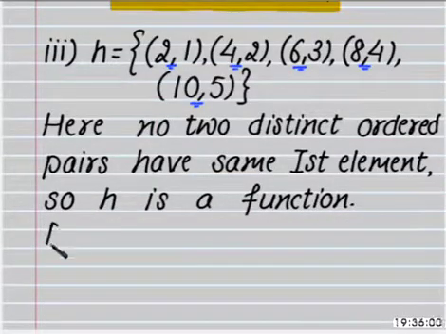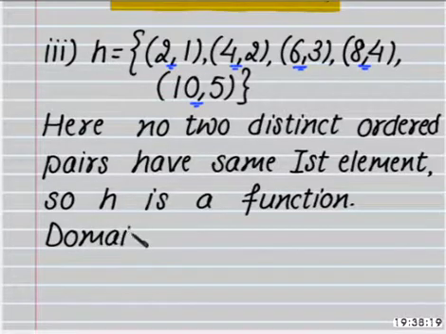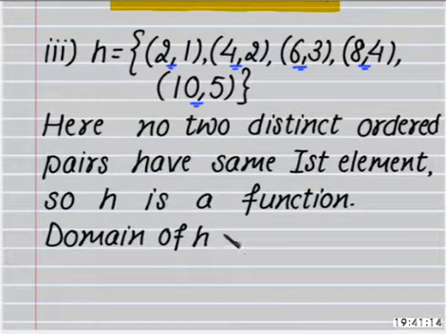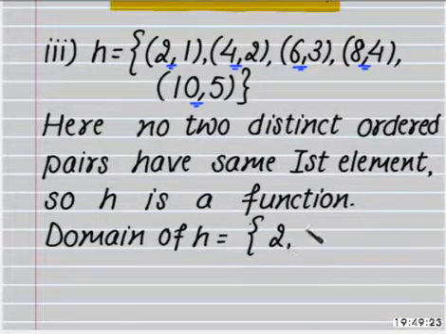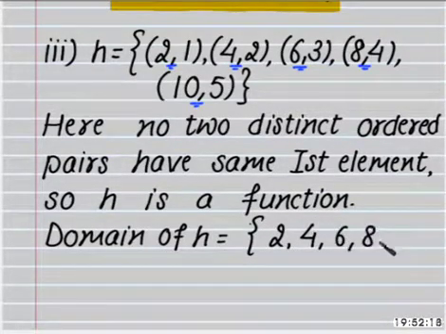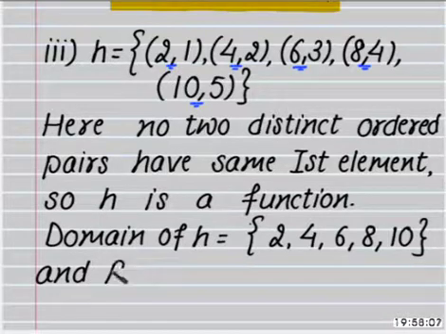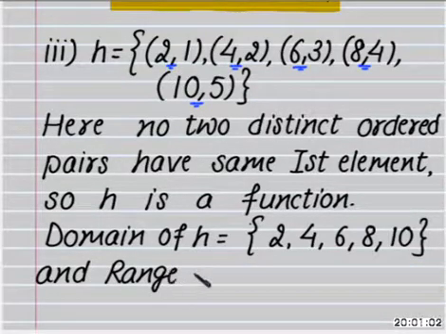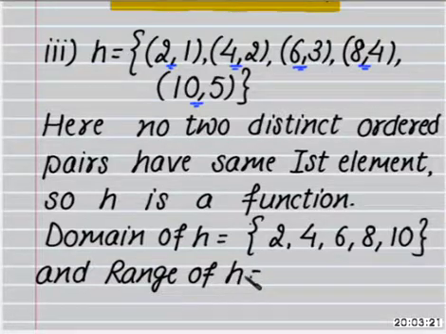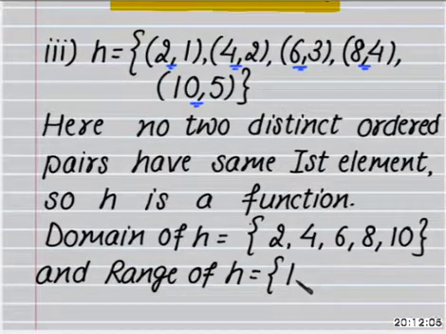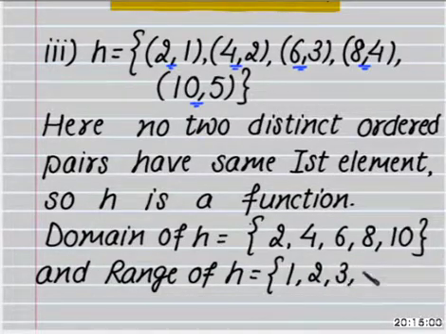So here domain of H will be the set containing all the first elements of ordered pairs, that is, the set containing elements 2, 4, 6, 8 and 10, and range of H is the set of all the second elements of the ordered pairs of H, that is, the set containing elements 1, 2, 3, 4 and 5.